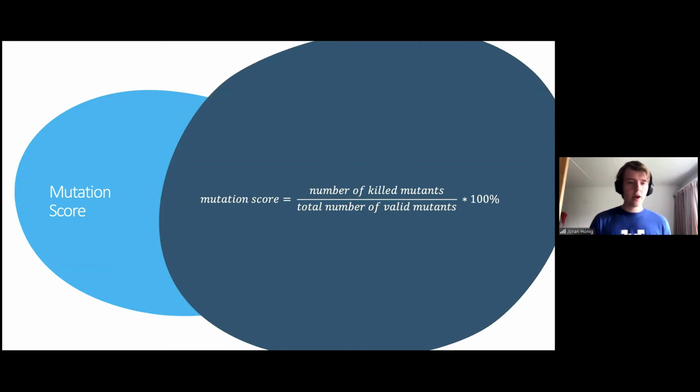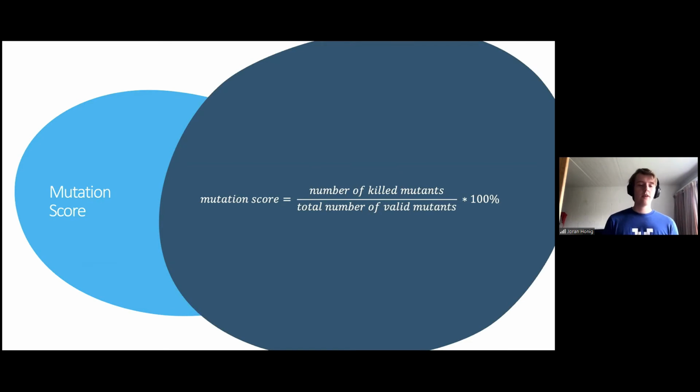So once we have this categorization of all the mutants, we can come up with a metric that evaluates the entire test suite. And the expression for this is visible on the slide. In natural language, this basically tells you what the chance is that your test suite detects a mutant in the code.